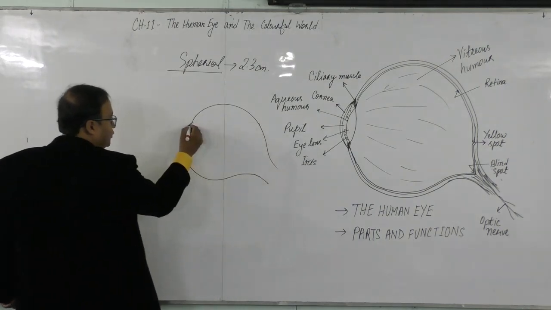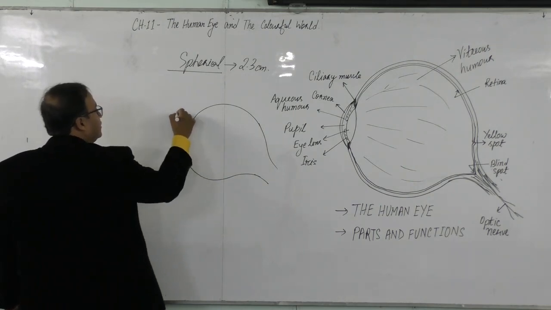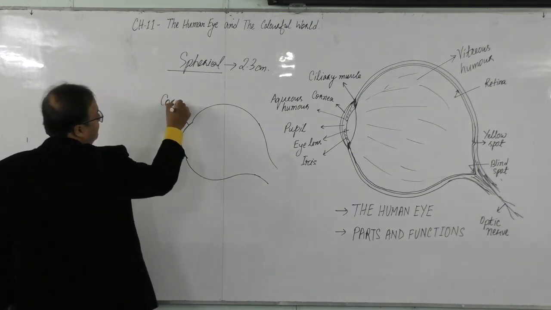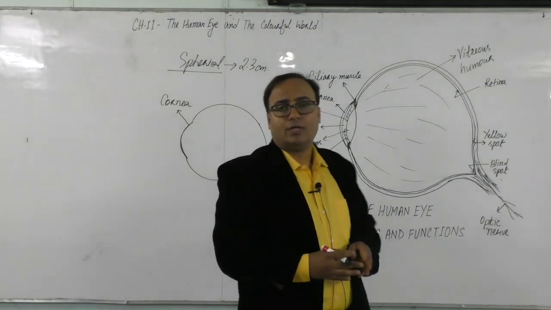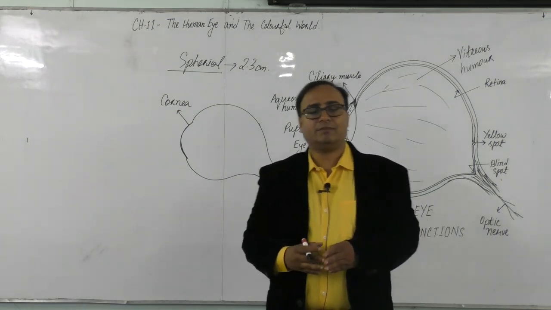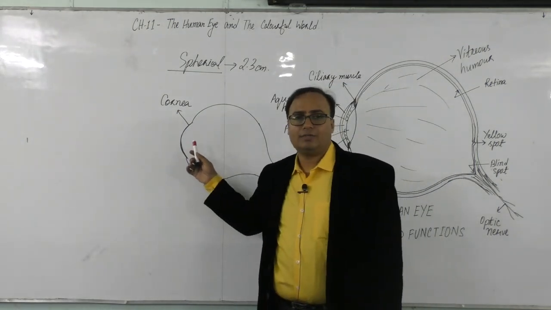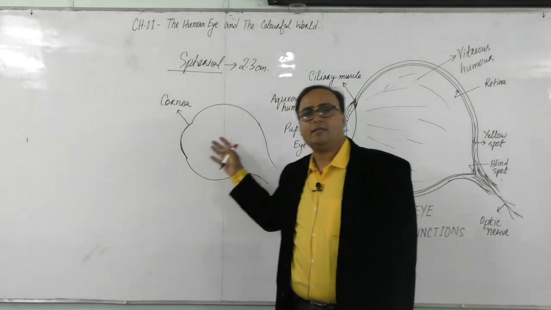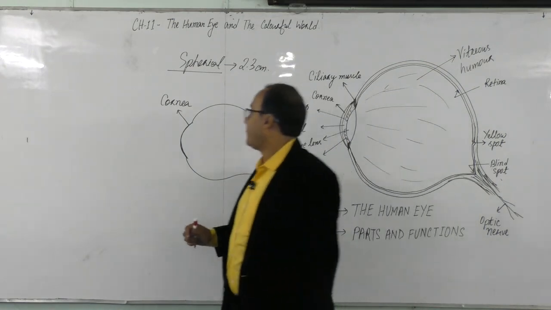And this portion which is transparent and bulging outward is called cornea. So if I ask you what is cornea, cornea is the front transparent portion of the human eye, and it acts as the window of the eye through which light can enter into the eye. It acts as the window of the eye.